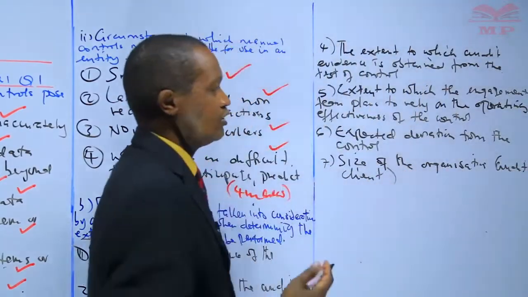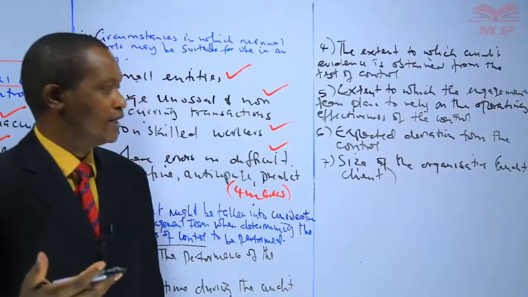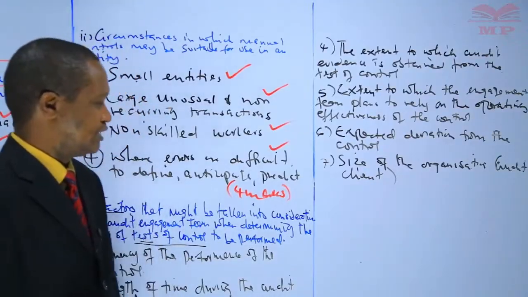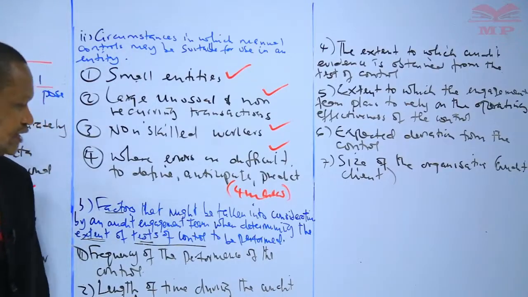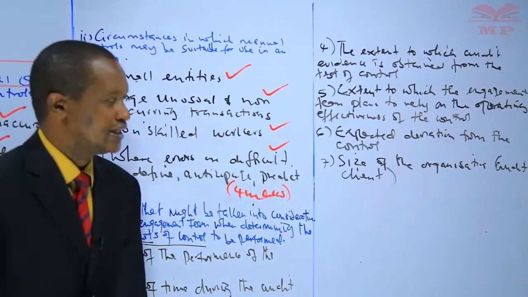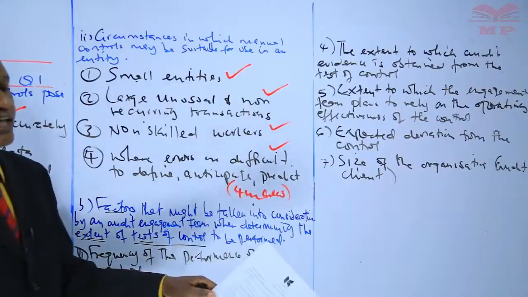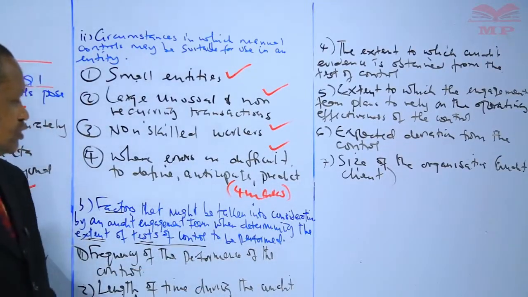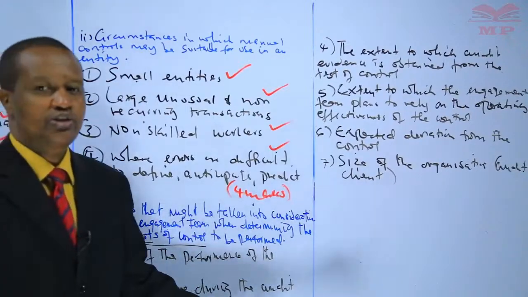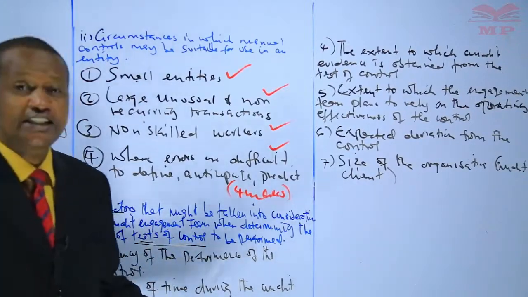The size of the audit client can also be a factor to consider when determining the extent of tests of control. If the audit client is large, with voluminous, many transactions, then the tests of control will be large. We'll have to carry out many tests.